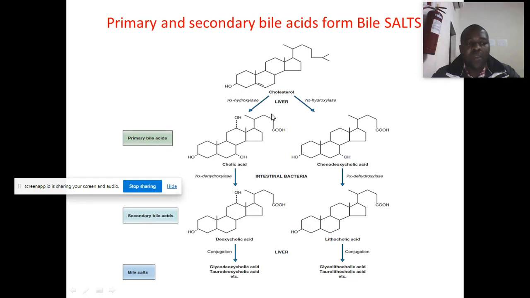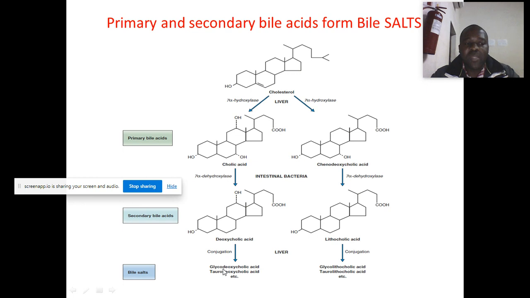So bile salts are more effective detergents than bile acids. That's why we need these salts, because of their enhanced amphipathic nature. You remember in biochemistry, amphipathic nature. Therefore, only the conjugated forms, that is the bile salts, are found in the bile. The conjugated forms, the ones with amino acids.